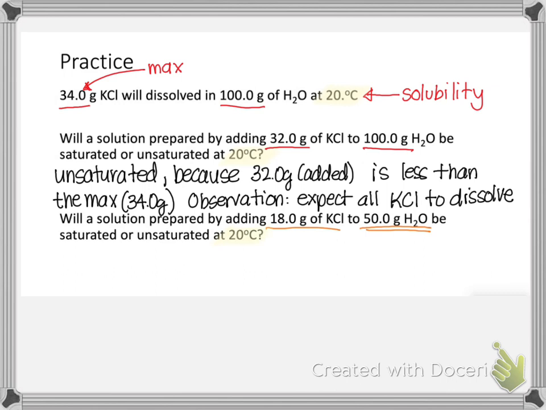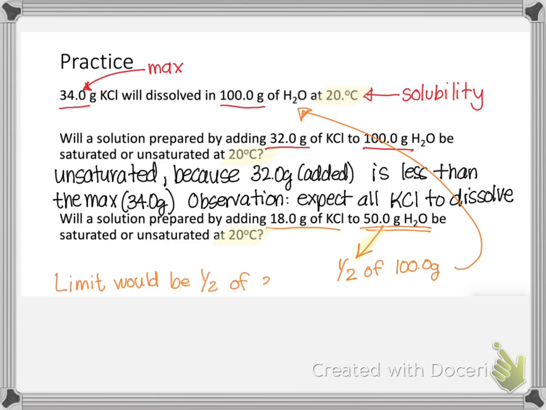But what I notice is the 50 grams is 1/2 of the 100 grams up here. Right? It's 1/2 of that, which would mean the limit would be 1/2 of 34.